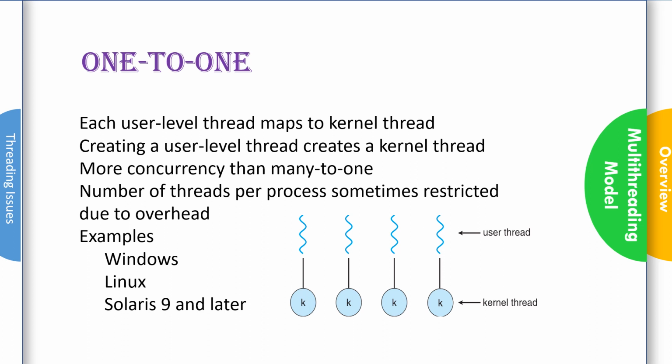So we should always take care that the number of threads created in a one-to-one model is restricted. Examples of operating systems that have this kind of thread support are Windows, Linux, Solaris 9, and later operating systems.